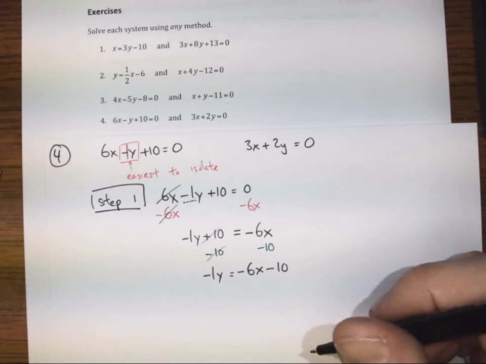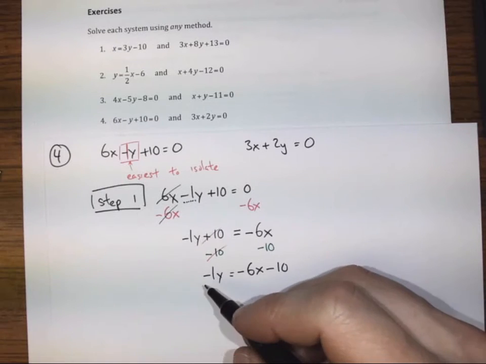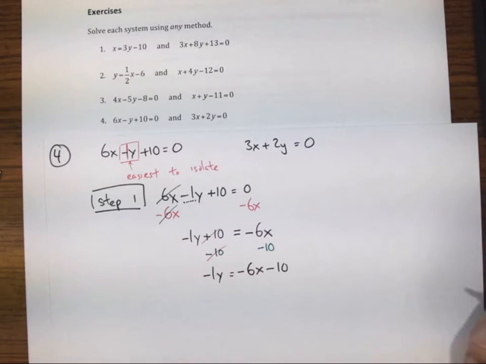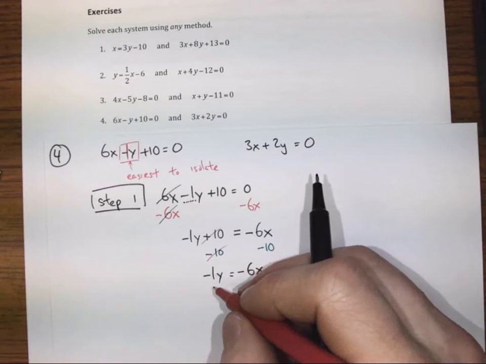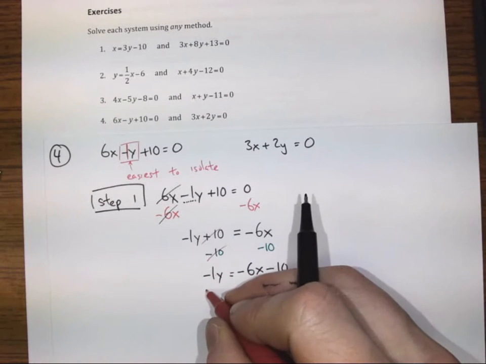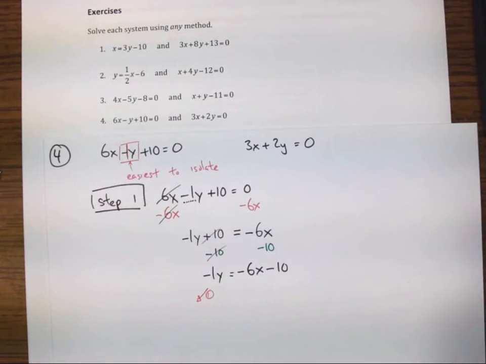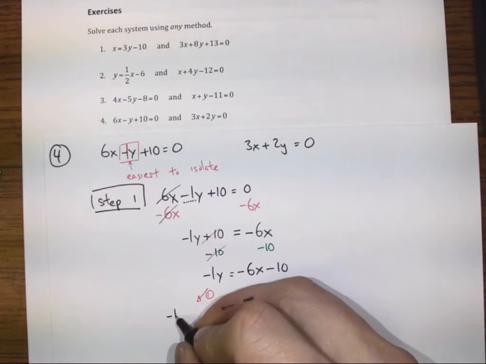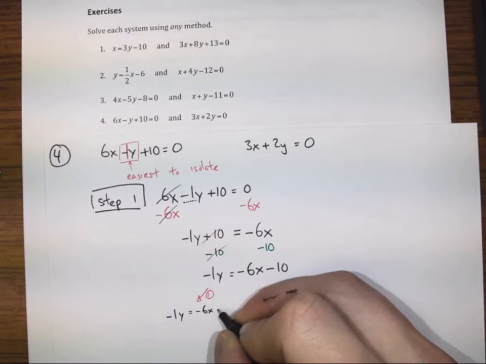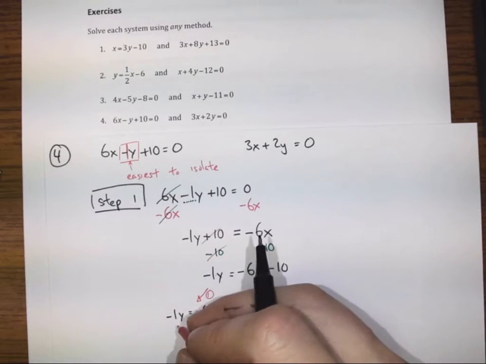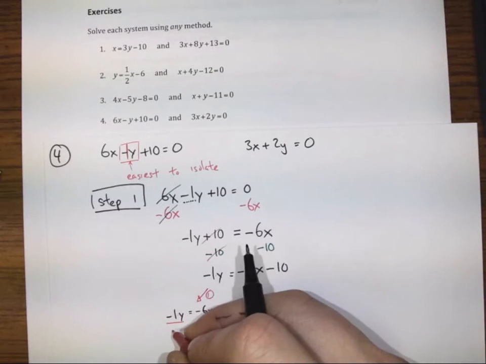Now, there's two things we can do here. This says -1 times y is equal to -6x minus 10. Option 1 is we could take this expression and just divide both sides by -1.